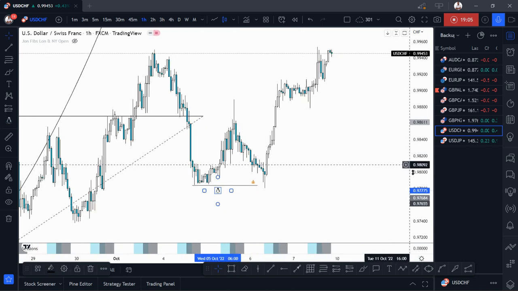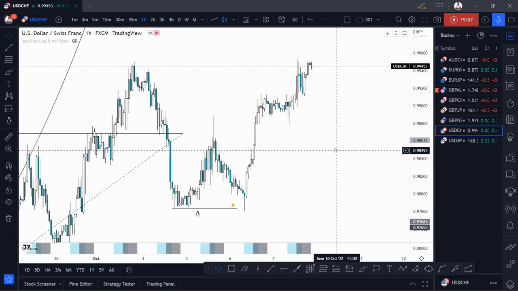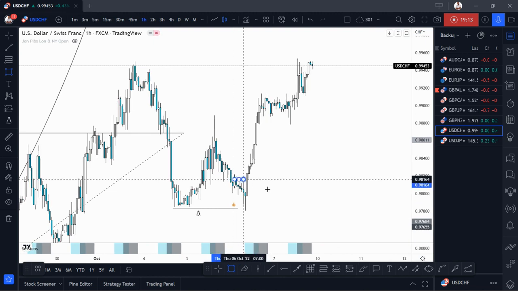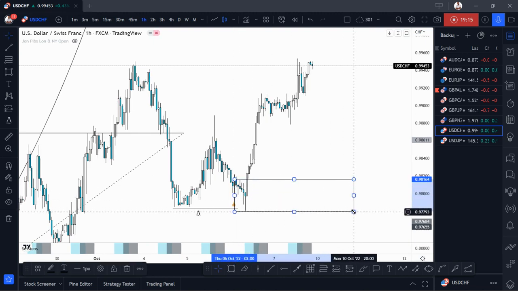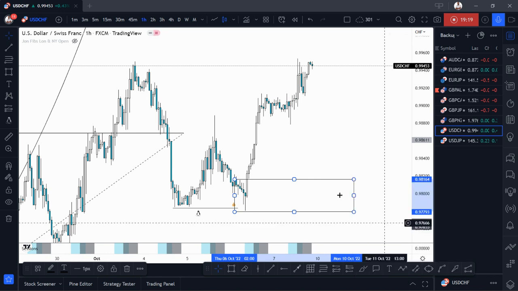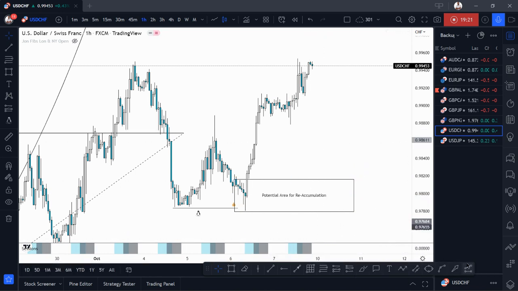I was expecting price to pop down during the NFP, but we didn't get that accumulation. So I'll be looking at this to see if I can get this.